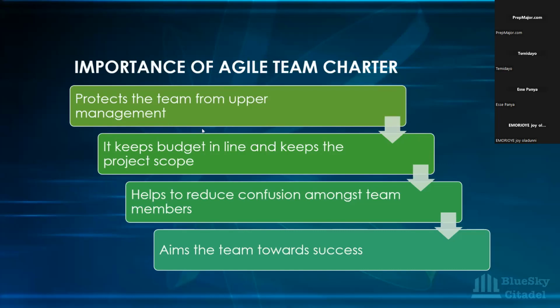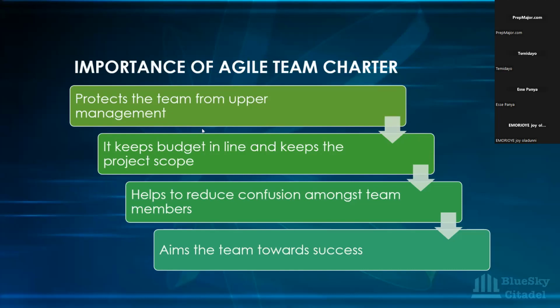And it keeps the budget in line and keeps the project scope. So it prevents unauthorized work from being added to the project, and in this case it will prevent additional costs. It also helps to reduce confusion amongst team members, because everybody knows what time is what meeting. They know who does what. They understand everybody's roles and responsibilities.